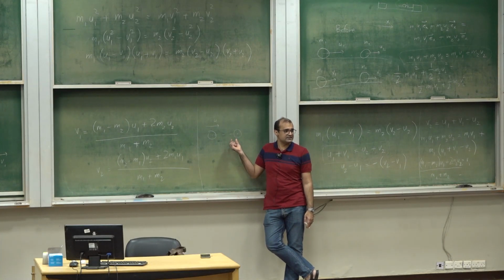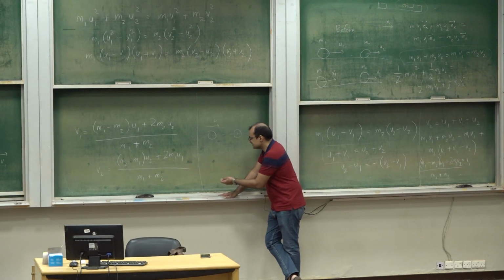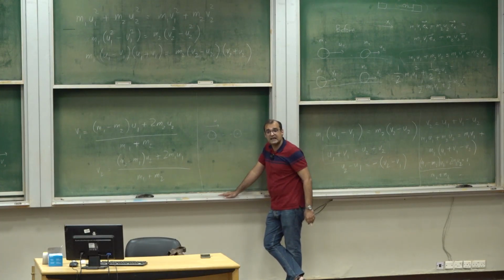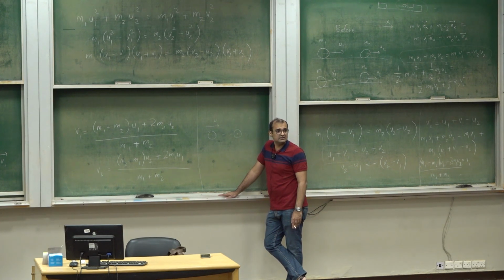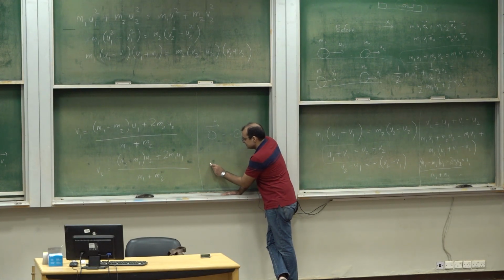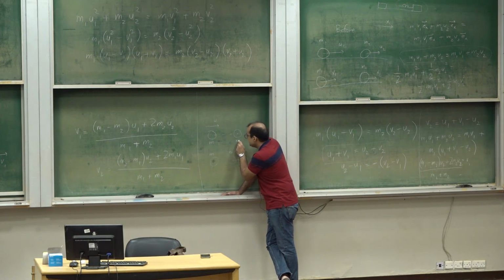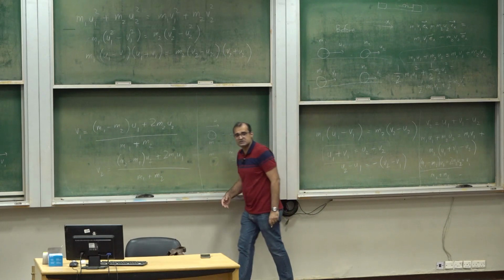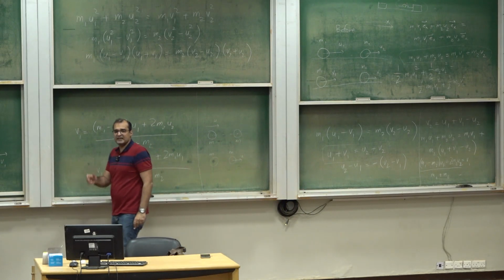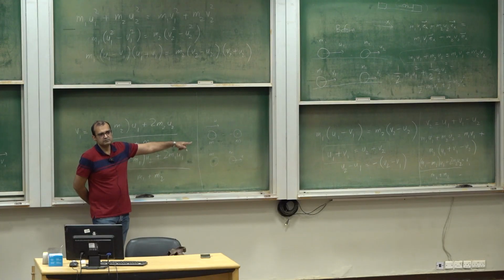This M2 U2 you take to the other side. So you get over here a factor of 2. M1 V1 stays here, M2 U1 you take to the other side. Minus M2 U1, and this equals basically M1 V1 and therefore you can write this as V1 times M1 plus M2. You take this to the other side and you get that V1 equals this thing divided by M1 plus M2.